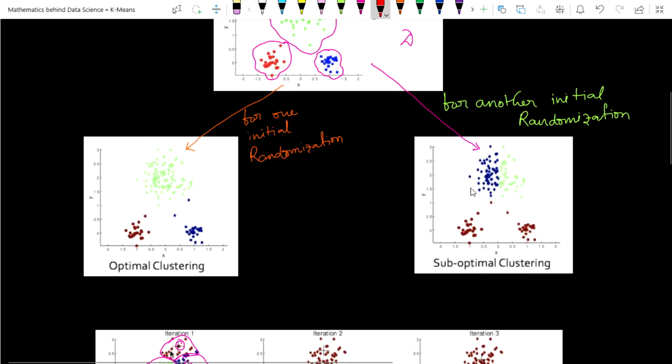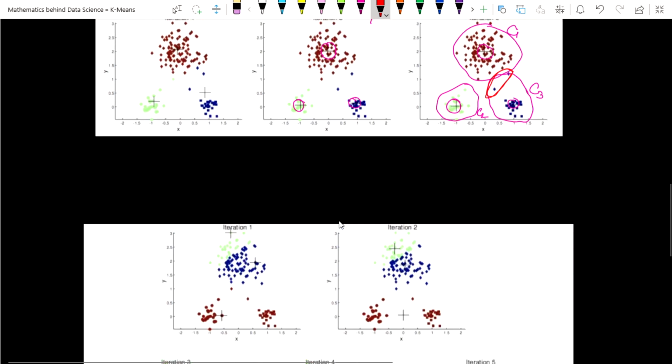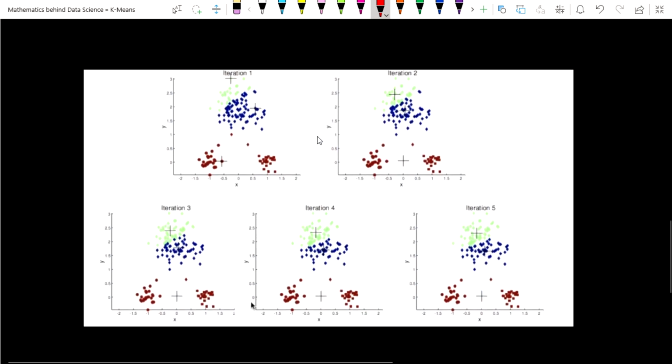After the initialization stage we will find this kind of picture. Now let's look at this initialization. Suppose the random initialization we have taken is this random point, this random point, and this random point.